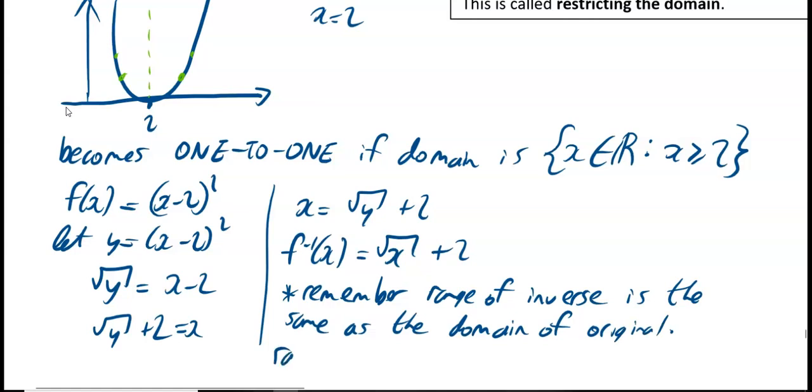So that means the range for our f to the minus 1 is going to be f to the minus 1 belongs to the set of reals such that f to the minus 1 is greater than or equal to 2. And you can see up here, it's even written down there, our domain of the original was x greater than or equal to 2. So the range is f to the minus 1 is greater than or equal to 2. And that is us done for this video.